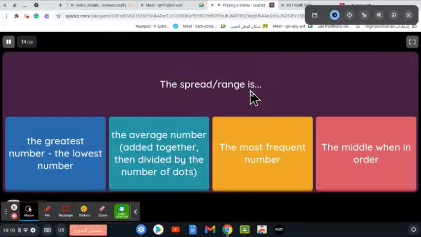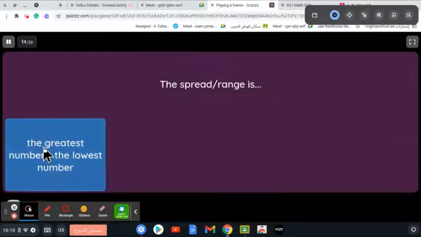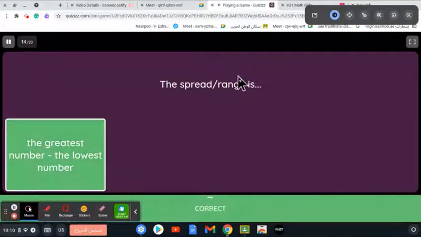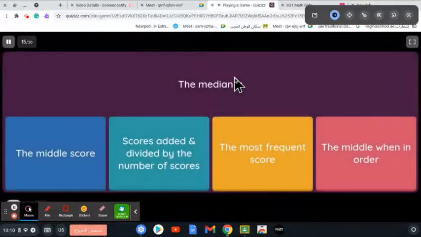The spread, the range. What's the range? The range is the greatest number minus the lowest number. What is the median? The median is the number in the middle, but the correct one is the middle number when in order. So this one.